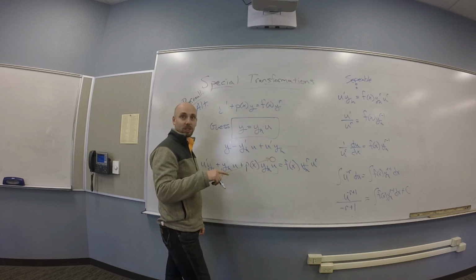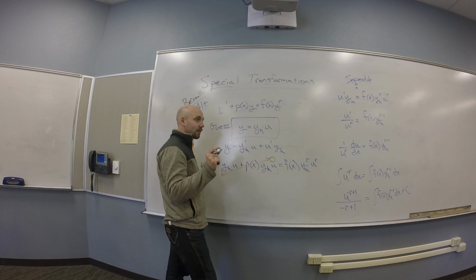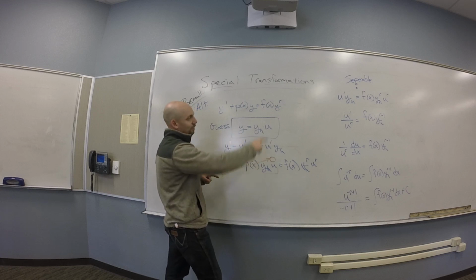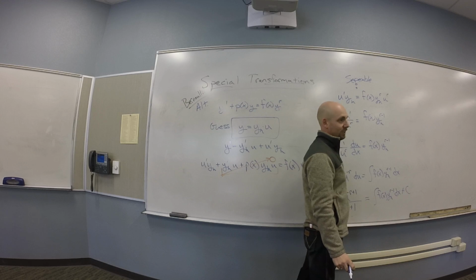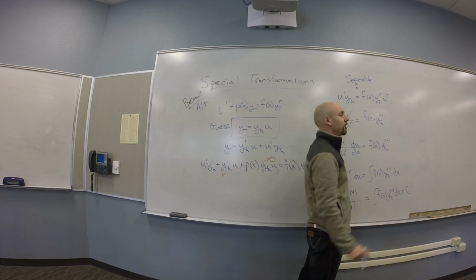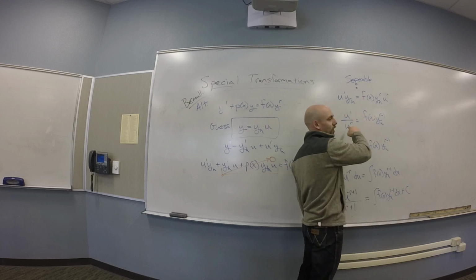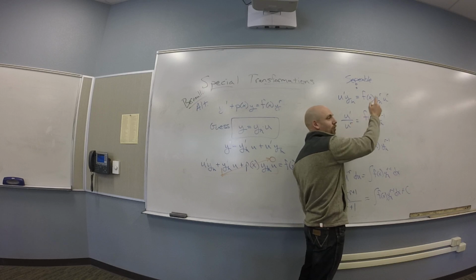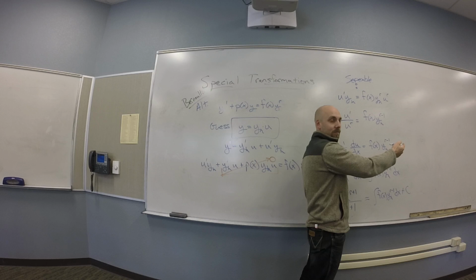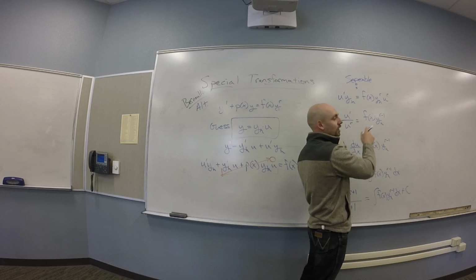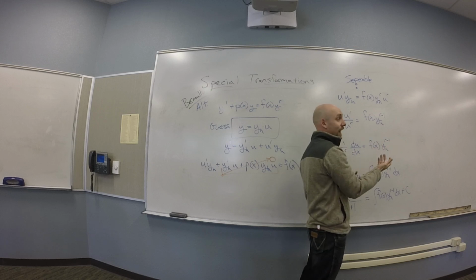But the way it works is a little different in that you get something separable instead of something really easy. Usually after you do variation of parameters, you get u prime equals some function of x and you just integrate it. Here you've got a little more complicated thing, but it's not that different.